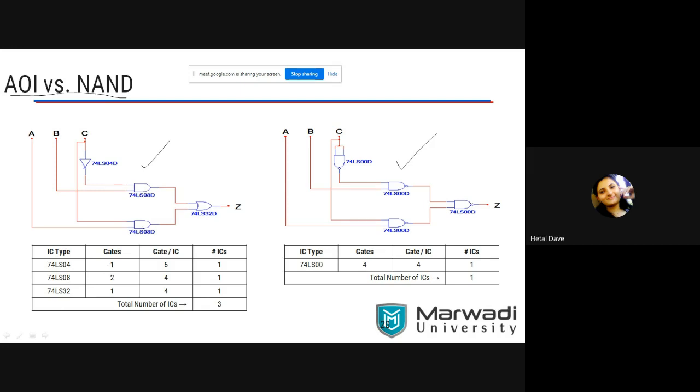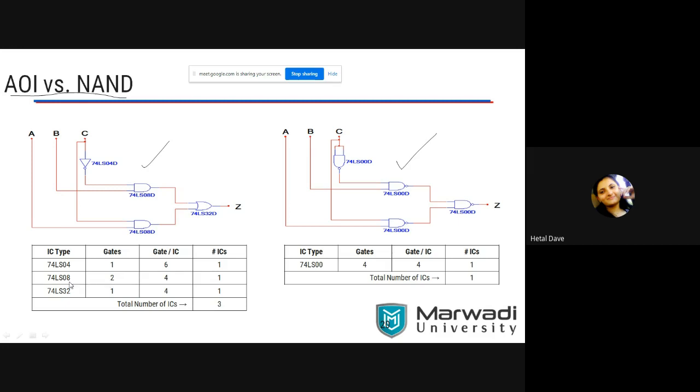How many gates are used in one IC? One. Although, how many total gates are given in one IC? For NOT gate, six gates are given in one IC. Do you remember it? Hex IC, hex inverter.